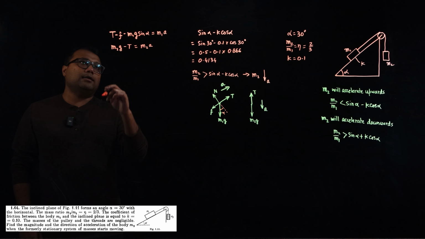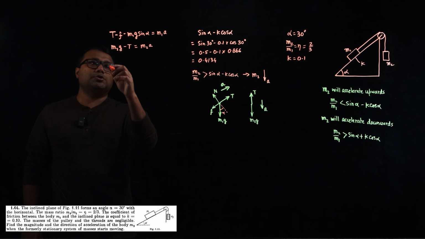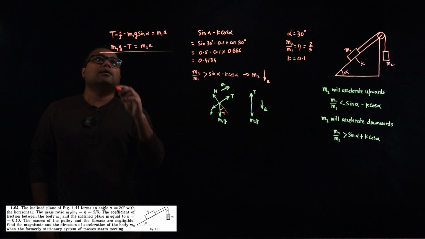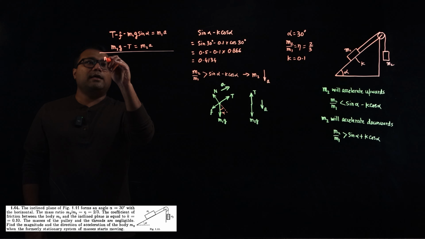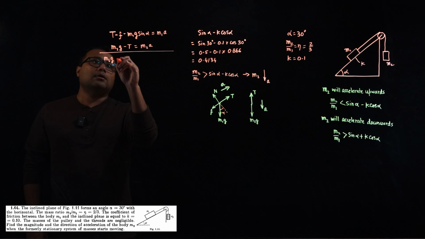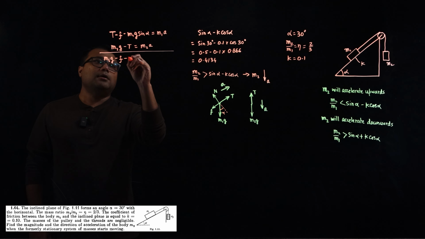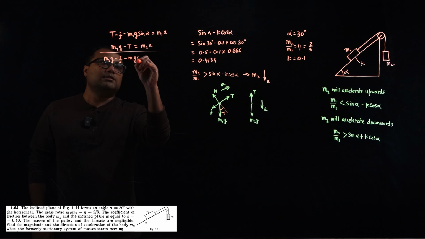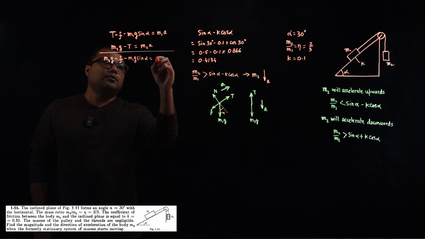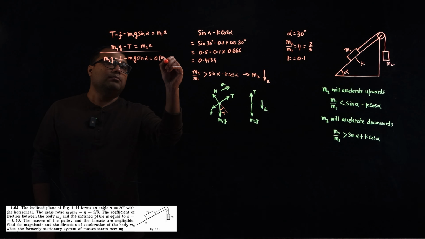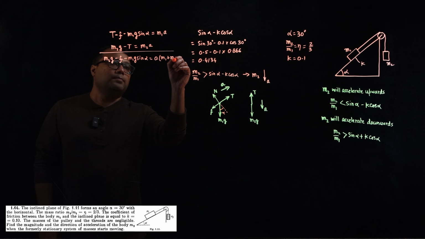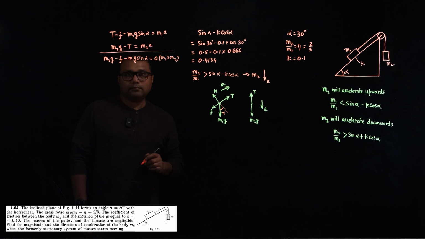How we can do that is we add these two equations. So that becomes m2g minus f, T gets cancelled out, minus m1g sine alpha equals a times m1 plus m2. Okay.